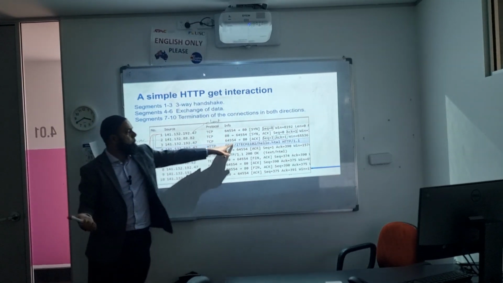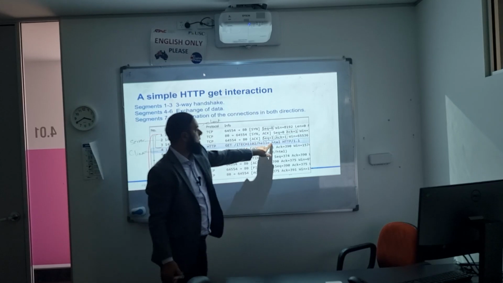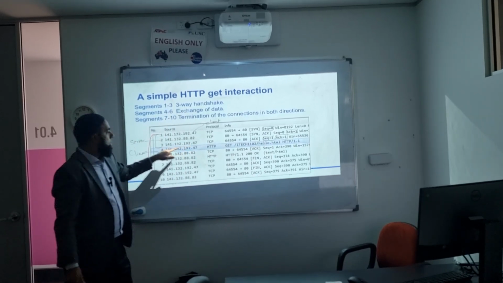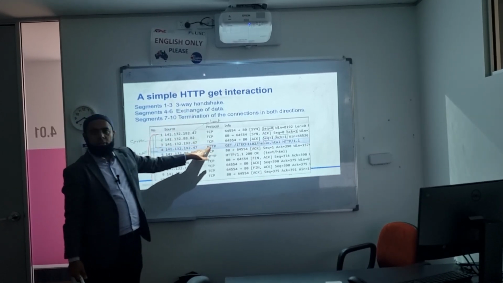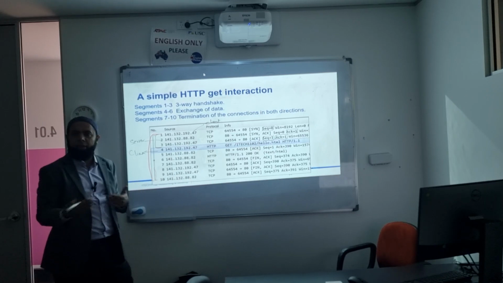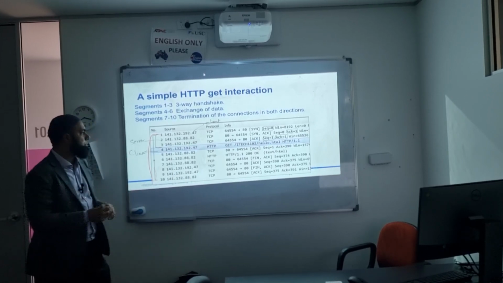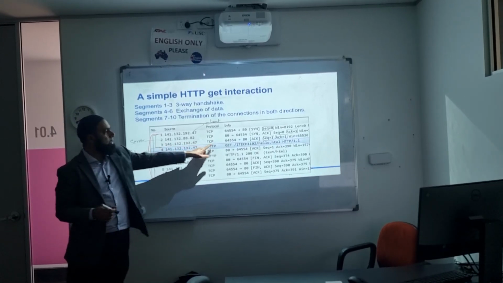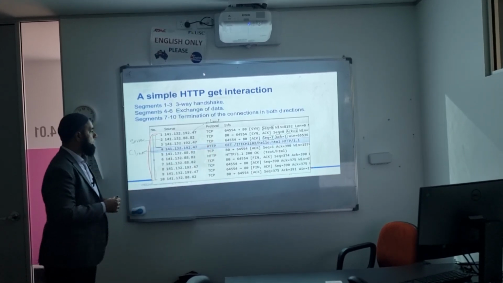So let's say we put a website address of this one. This is an HTTP request, because now it is ready to send data between the client and server, because the connection is already established. So it sent this one over HTTP.